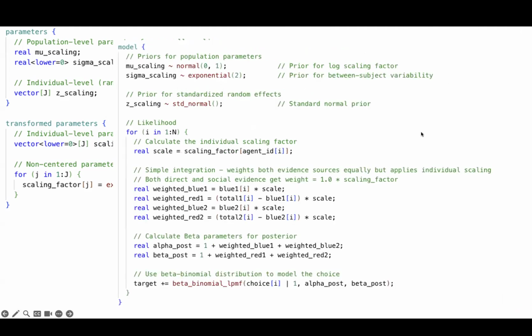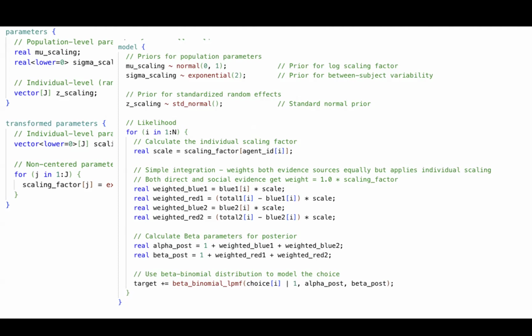Then we have a model where we put a prior on mu scaling and sigma scaling, where the prior for mu scaling on a log level is a normal with a mean of 0 and a standard deviation of 1, which puts its mean at 1, and a very broad standard deviation.